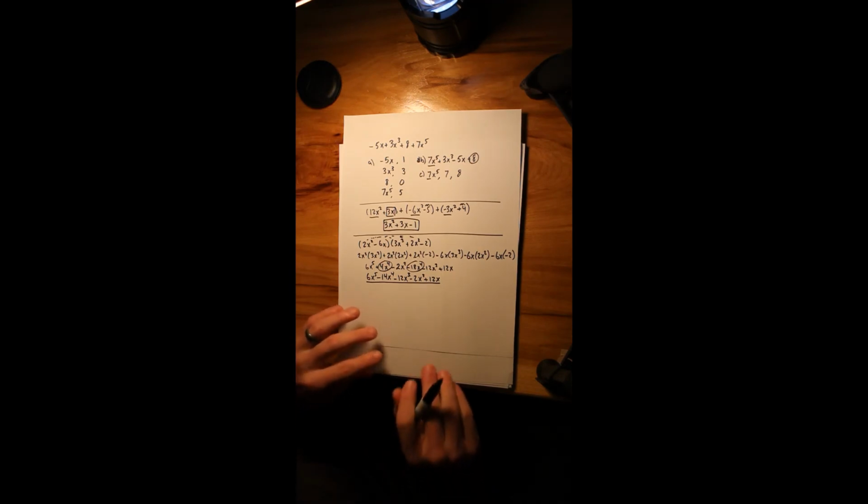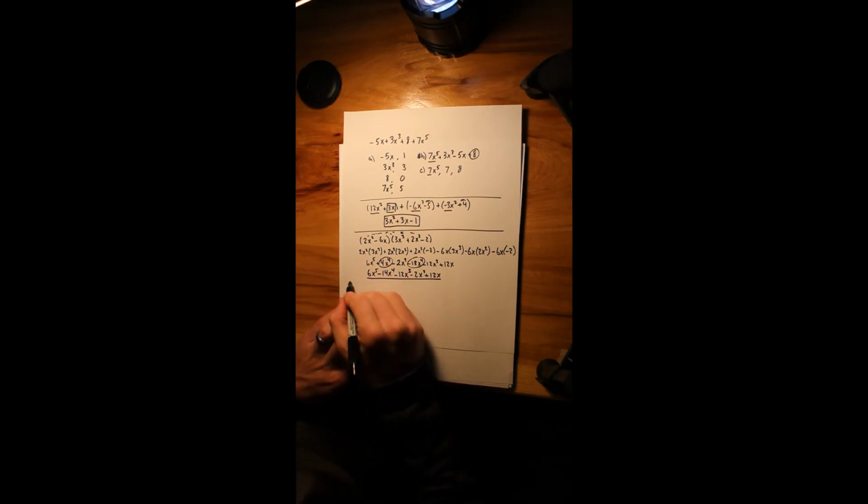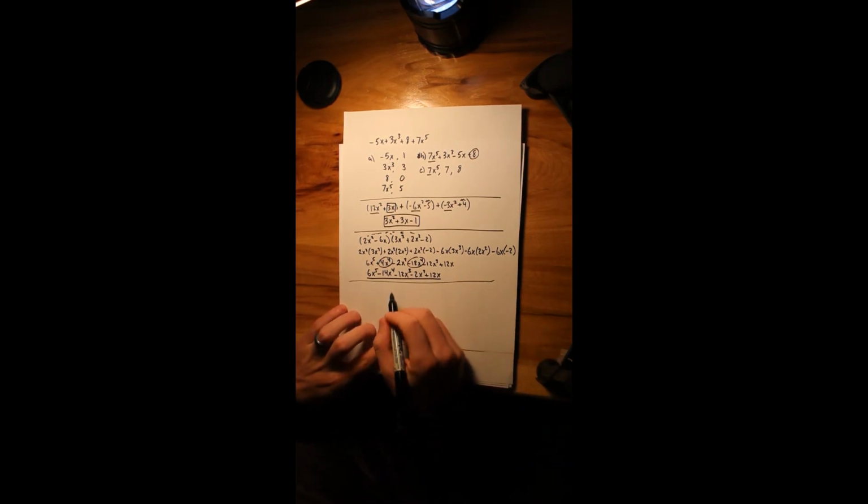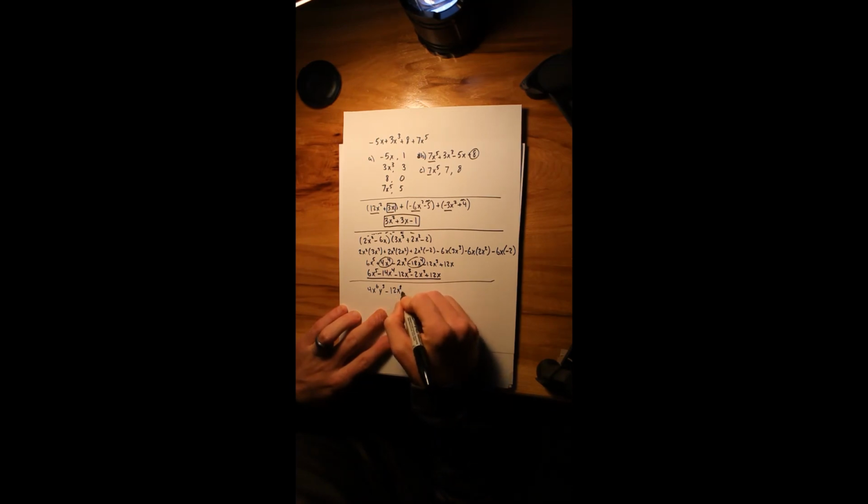Okay, now I'll go ahead and do this one down here as well. This one is 4x to the 6 y cubed minus 12x to the 8 y to the 6 plus 16x to the 9 y squared.